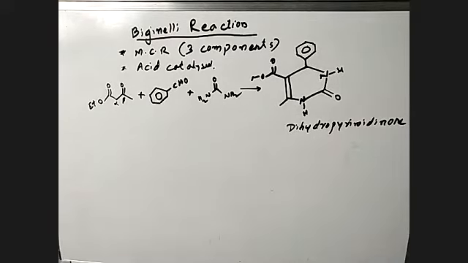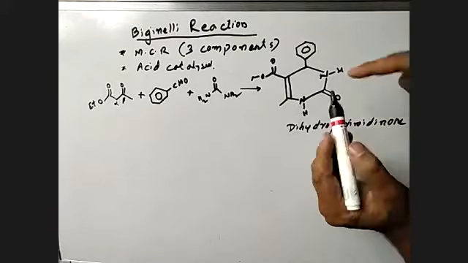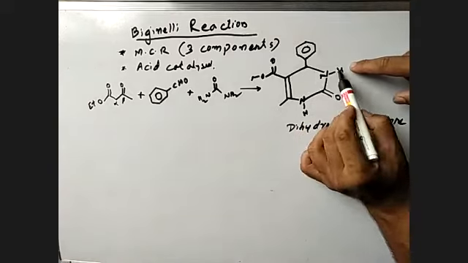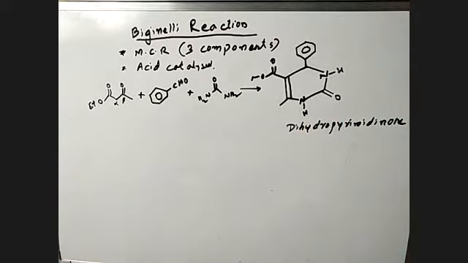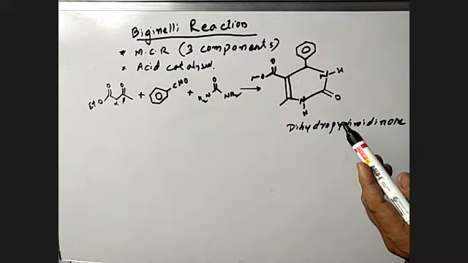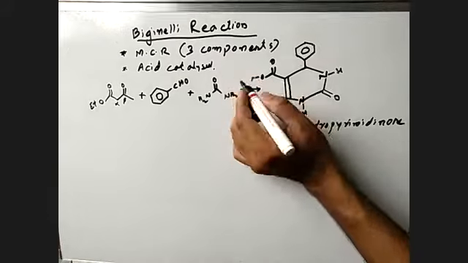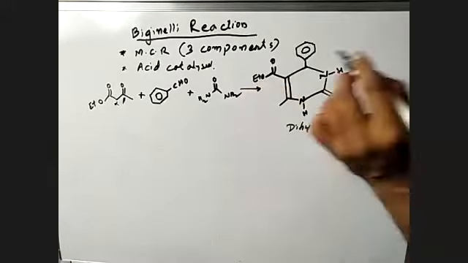Dihydro means if I remove these 2 hydrogens, it becomes pyrimidine. So 3,4-dihydropyrimidine. 2 hydrogens means this and this. This will form the OH. So there are very important cancer drugs available in the market which contain this privileged structure, in which this moiety is present.